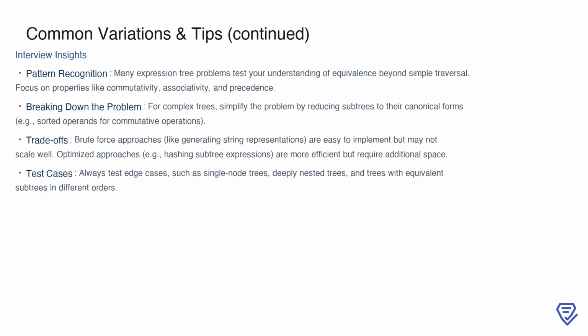For instance, brute force methods, like generating string representations for comparison, might be straightforward to implement but can fail to scale efficiently for larger trees. On the other hand, optimized approaches, such as hashing subtree expressions, are more efficient but come with added space complexity. Finally, always prepare for edge cases in your test scenarios, such as single-node trees, deeply nested structures, or trees with equivalent subtrees arranged differently. These are often used to test the robustness of your solution.